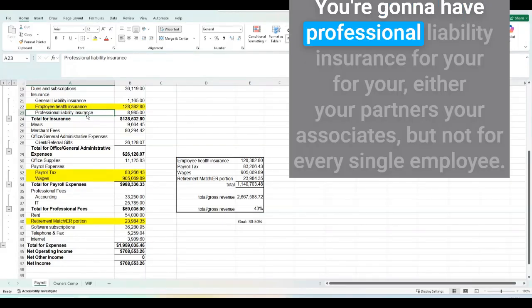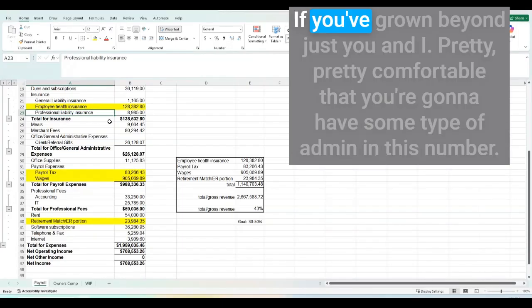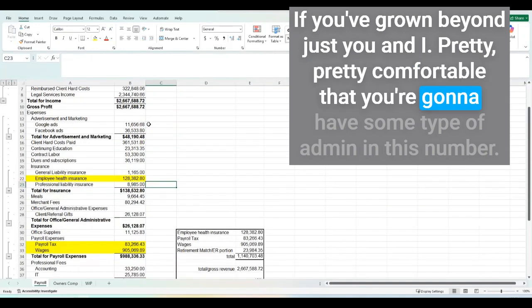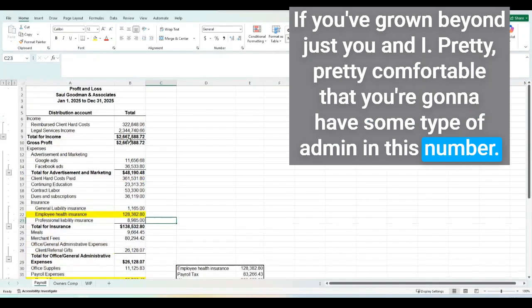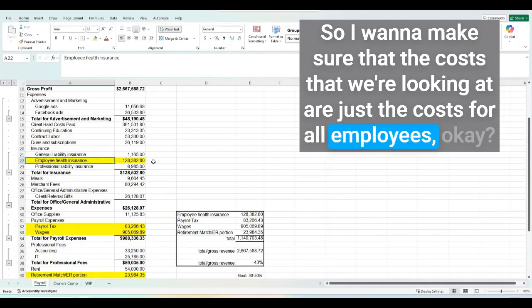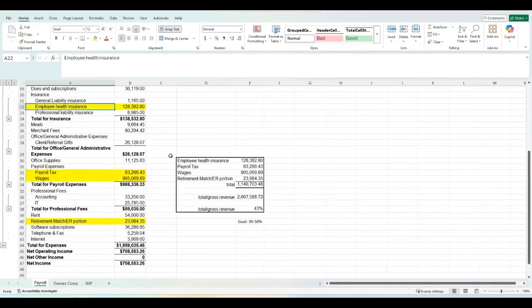You're going to have professional liability insurance for your partners or associates, but not for every single employee. If you've grown beyond just you, I'm pretty comfortable that you're going to have some type of admin in this number. So I want to make sure that the costs we're looking at are just the costs that impact all employees.